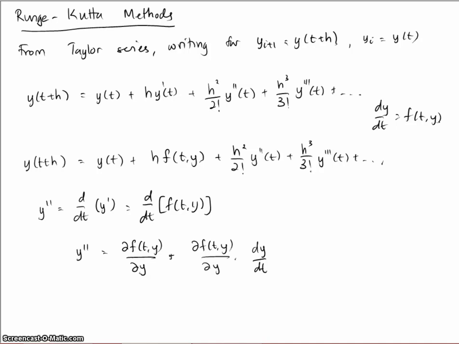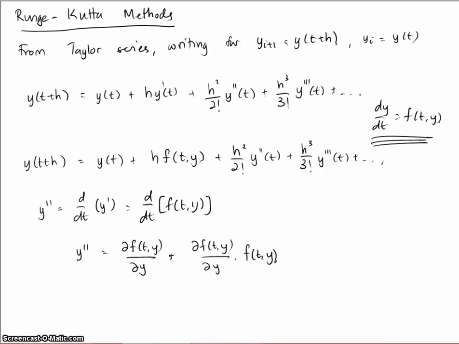Okay, so this is from the chain rule. If you look at this equation, you have two partial derivatives and then you have a normal derivative, and the normal derivative is dy/dt. What is dy/dt? dy/dt is your f. So instead of writing it as dy/dt, let's rewrite this as f(t, y). Okay, so now we have an expression for y double prime.